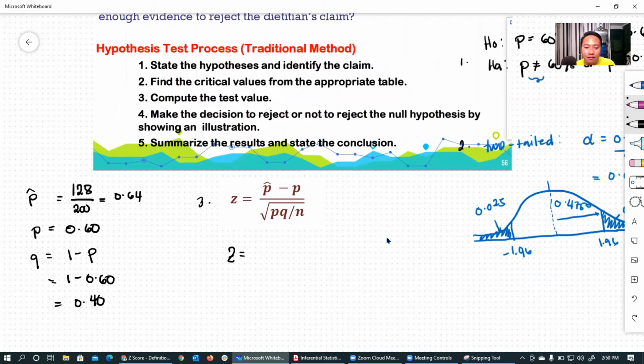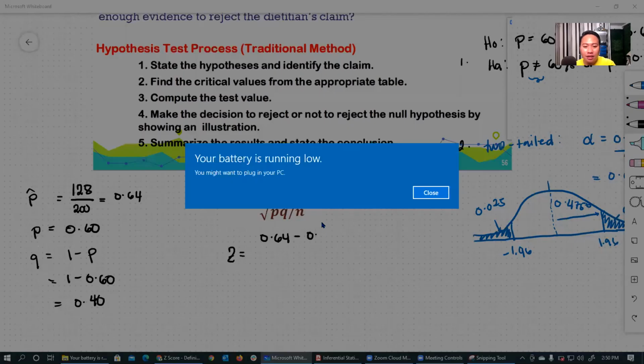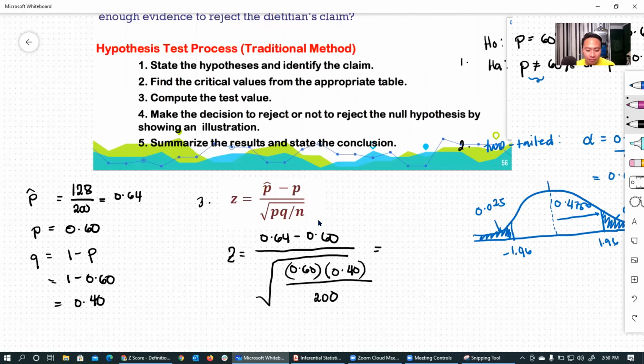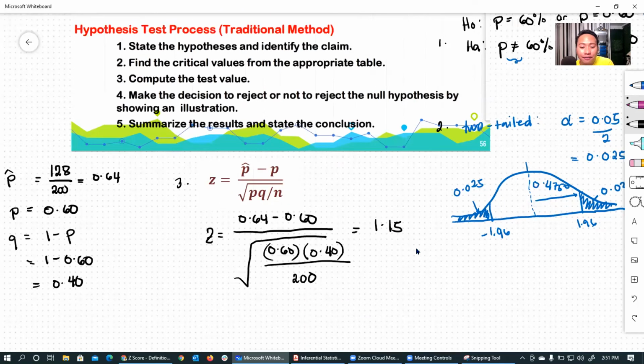So we just have to substitute the values that we have. 0.64 minus 0.60 over the square root of 0.60 times 0.40 over n, which is 200. So you should get 1.15.